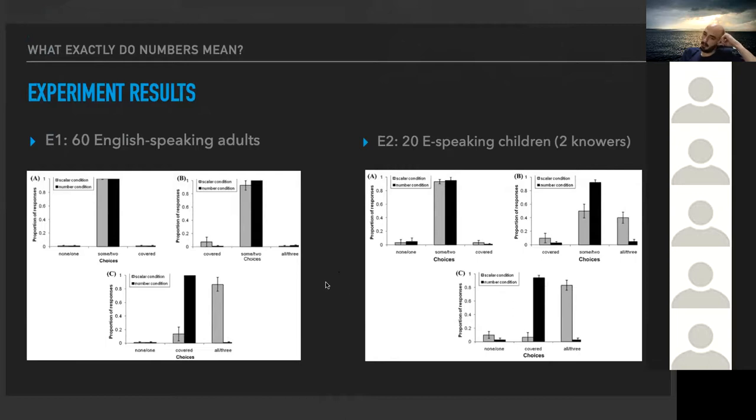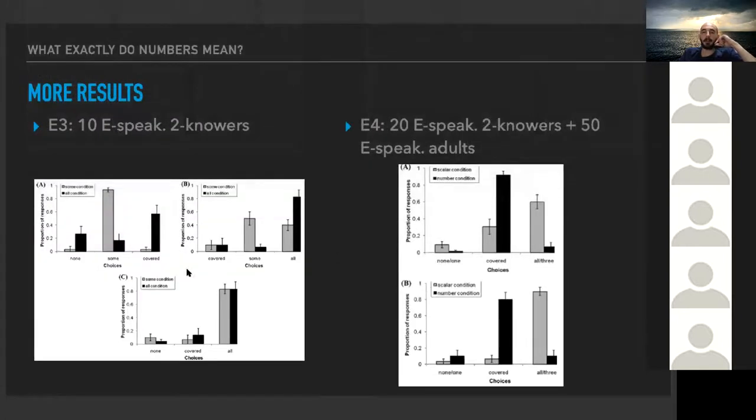But there's still this issue here of children being indecisive about the scalar terms. That's why there is experiment 3. Here children were again tested, and it was almost the exact same experiment, the same tasks, but now they were asked to give the box in which Cookie Monster has all of the cookies.